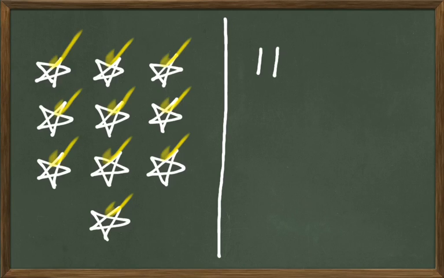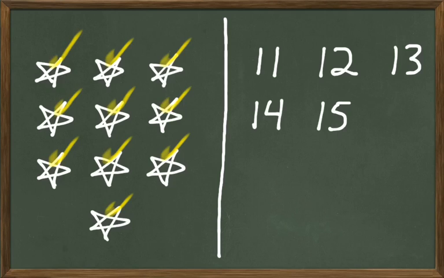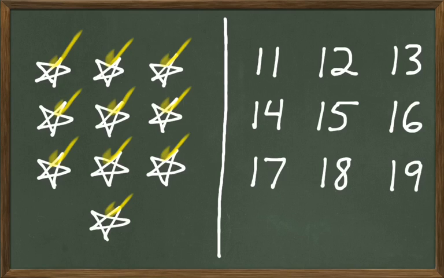And then we've got 12, 13, 14, 15, 16, 17, 18, 19, and 20. So you see there, on the left we've got the objects that we're counting, and on the right we've got the numerals for the numbers that we're counting, the figures for those numbers. That's what they look like. Now, let me see.